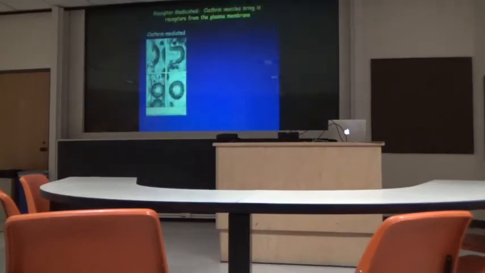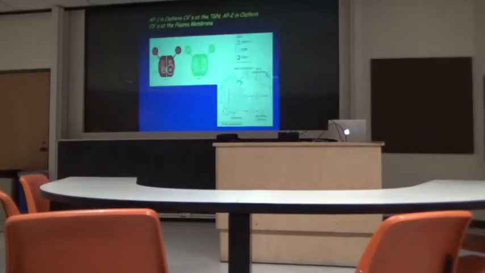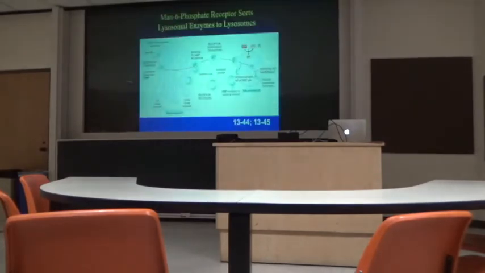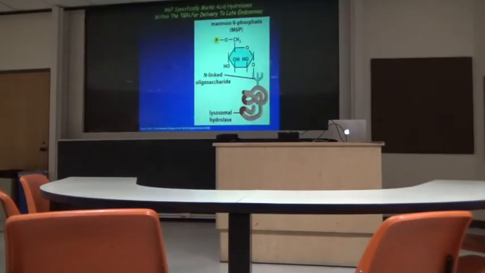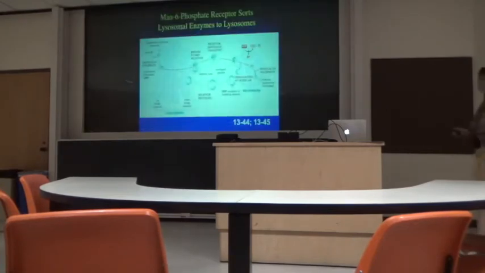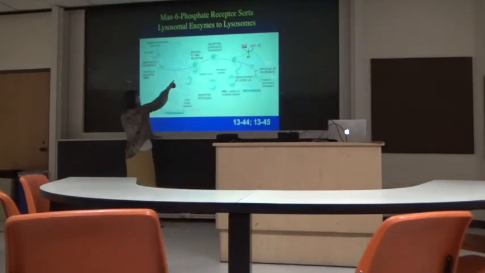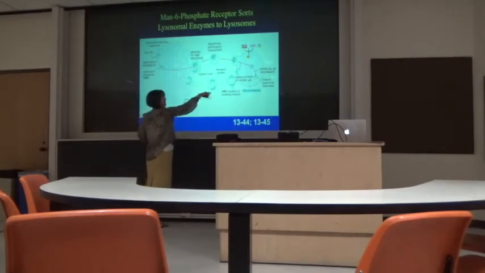Okay, so let's talk then. What we haven't talked about is how the mannose-6-phosphate receptor releases. It's the same story you've heard before. The mannose-6-phosphate receptor binds lysosomal enzymes in the trans-Golgi network, and then will release them in the late endosome, which becomes a lysosome.